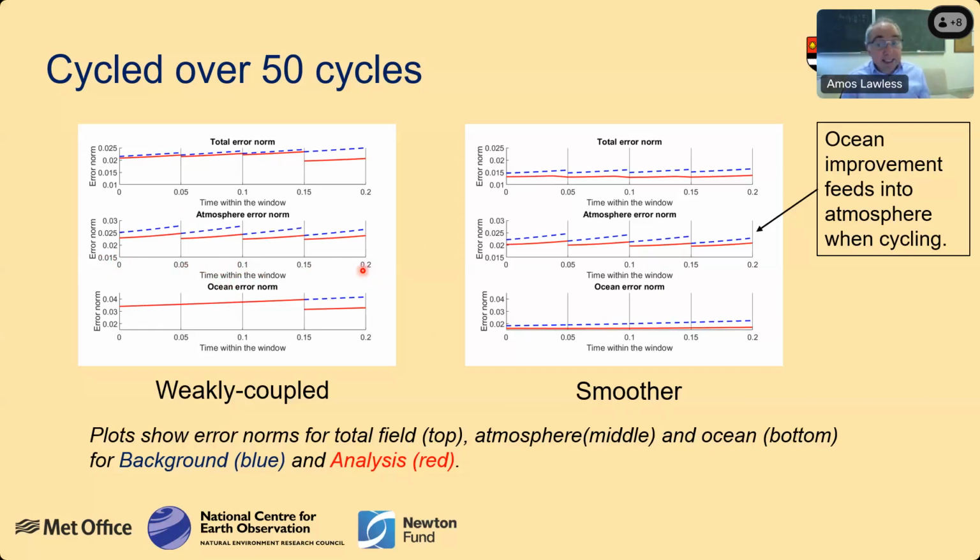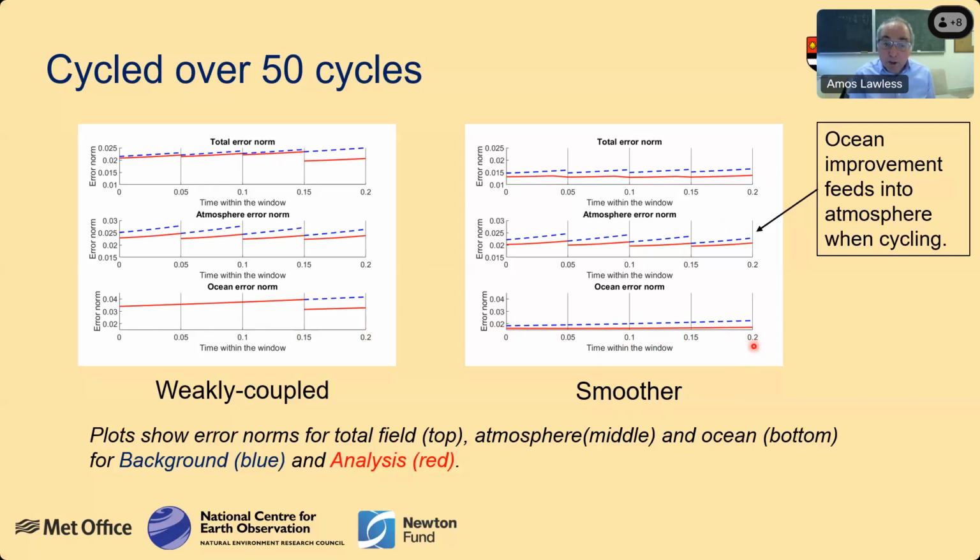So what we see is simply, first, if we just compare the scales in the ocean, we have a big improvement in the ocean with this smoother compared to the standard weakly coupled when we cycle over the whole period. And the improvement is not just in the final window, but over the whole window because we're doing this smoother step, even though we only have observations at the final time.